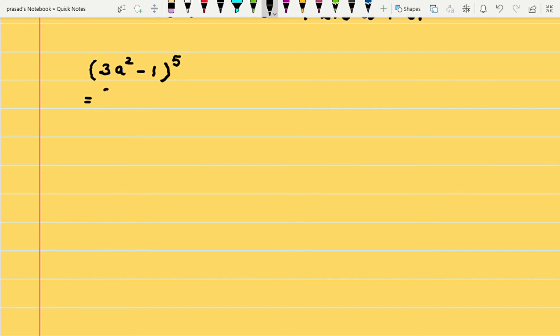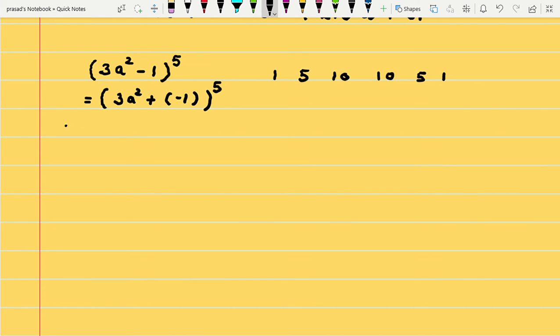So first I'll write it in this form, 3a square plus negative 1 to power 5. And in the expansion of a plus b to power 5 from the Pascal's triangle, what are the coefficients? 1, 5, 10, 10, 5, 1.